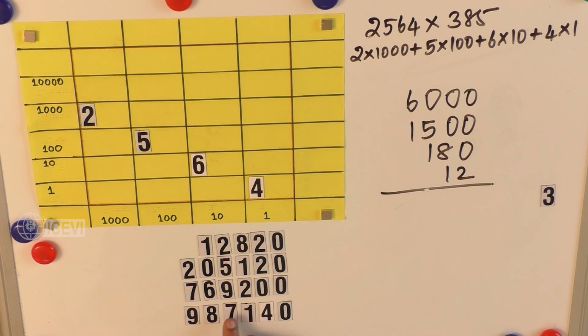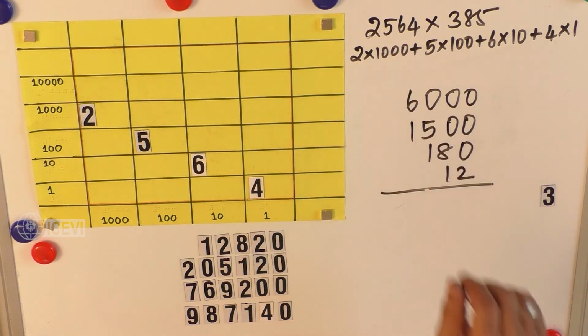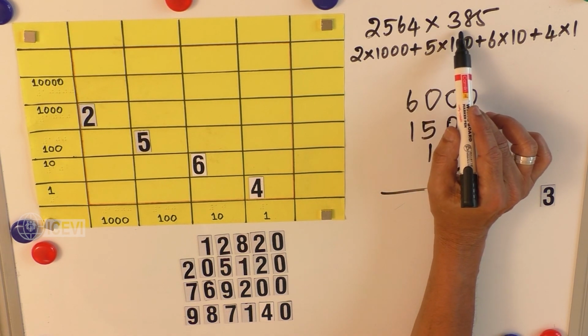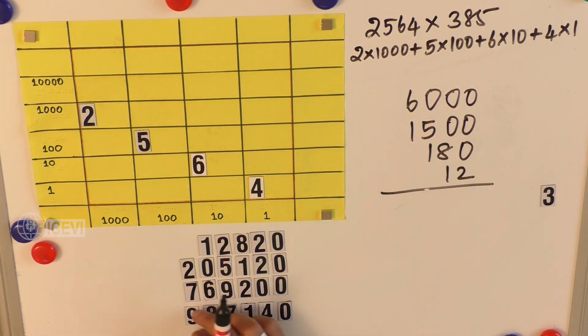So the total value is 987,140. So multiplication of 2564 with the multiplicand 385 gives us the value 987,140.